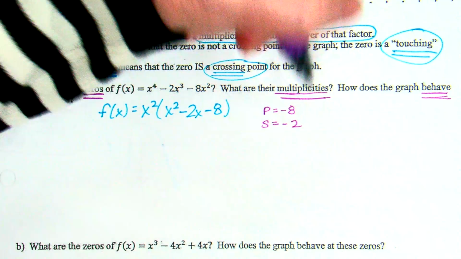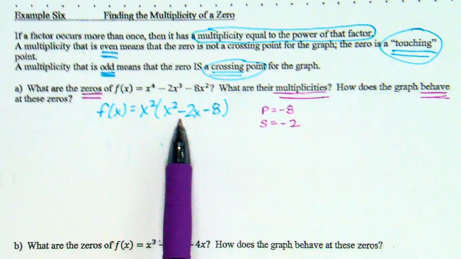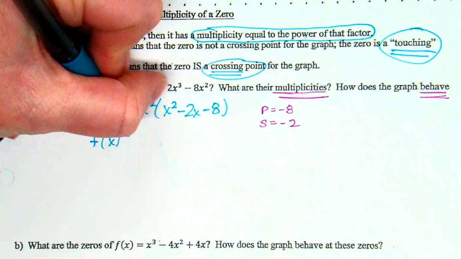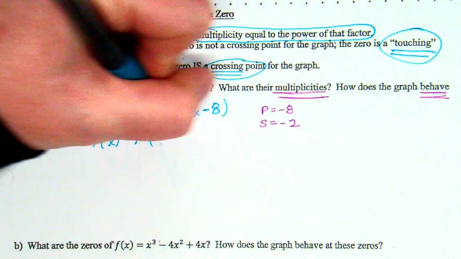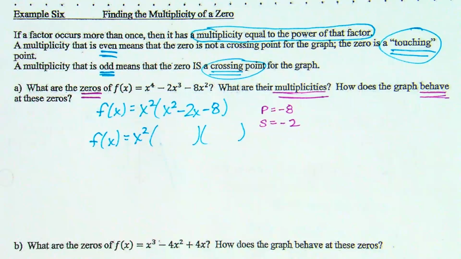Are you guys okay with hers? Product -8, sum -2. Okay, x squared out front stays out front. We're going to break this into two parentheses. x squared breaks into x and x.